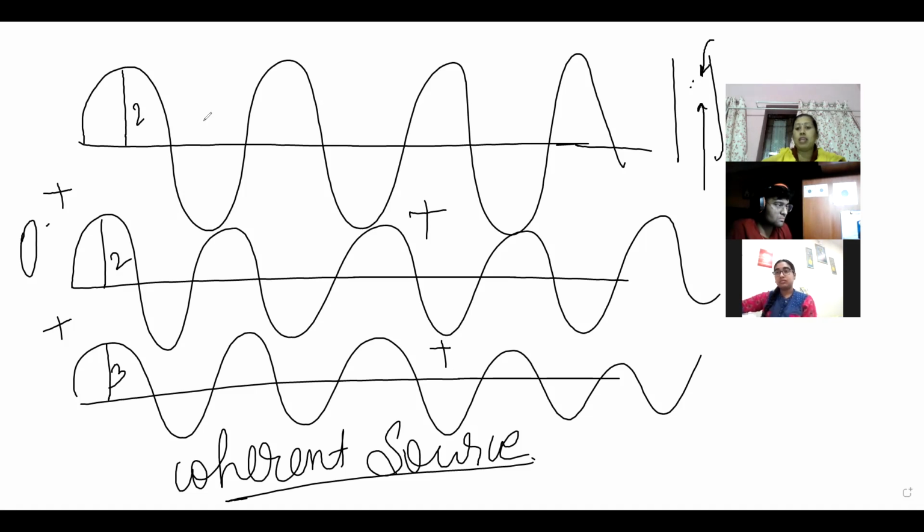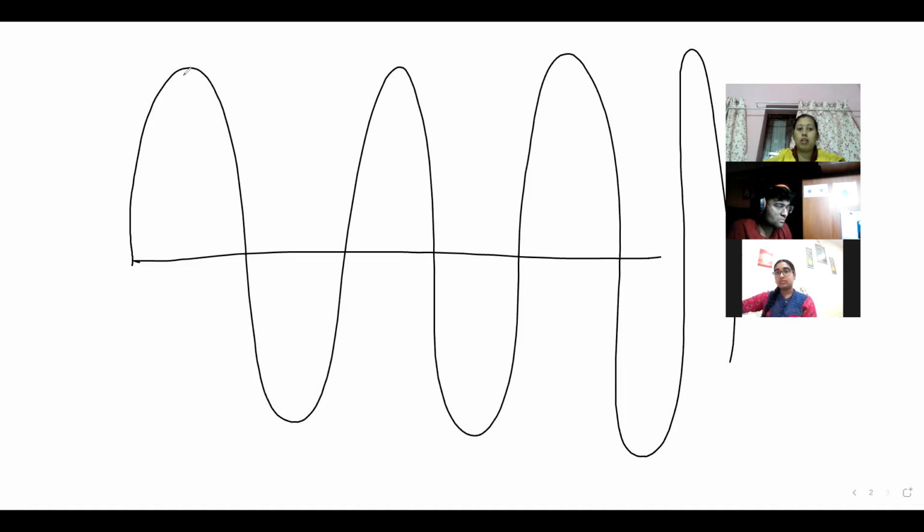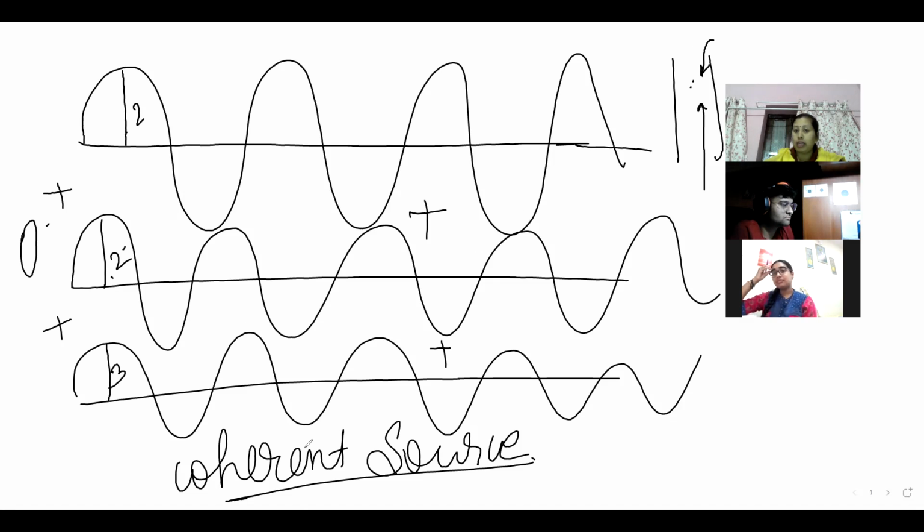Okay. Now, if I add these three sources, what will be the height? 3, 4, 5, 6, 7. It means that 7 amplitude of the wave will become. Correct? That wave will propagate too long because it has a 7 amplitude. Now, the source is known as coherent.